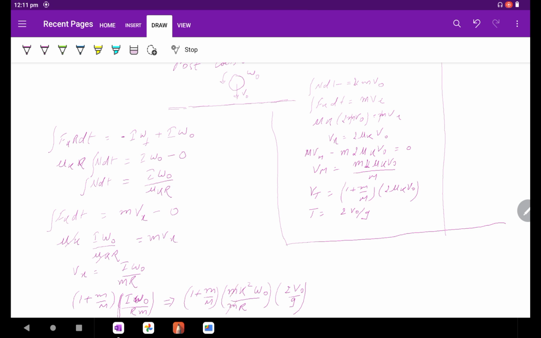Correct. My bad. This one not having m, but over here there is m. Right. This m will come down. So there will be an m, and this is what we'll be getting.